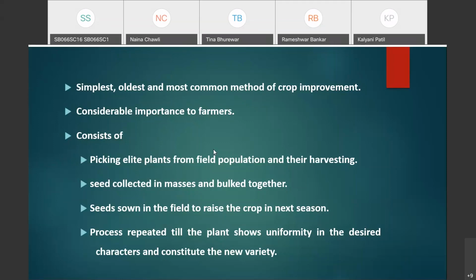These seeds are preserved and used for sowing to raise the crop in the next season. The process is repeated till the plant shows uniformity in the desired characters and that will constitute the new variety. This process is called mass selection.